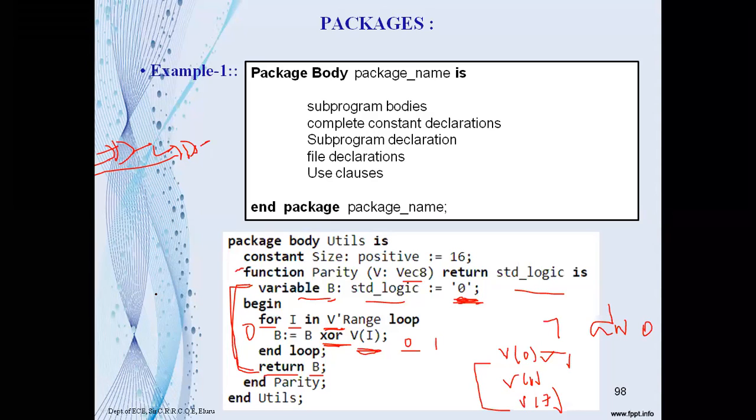What are the definitions? The definitions are nothing but declarations. So what are the declarations? There are different types of declarations: signal, variable, constant, file, type, subtype, components, procedures, functions, right? So the package is the collection of the declarations.